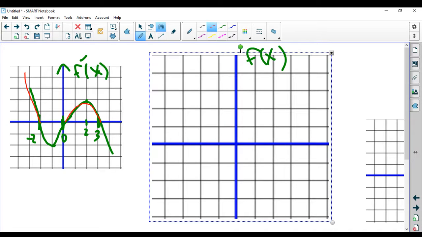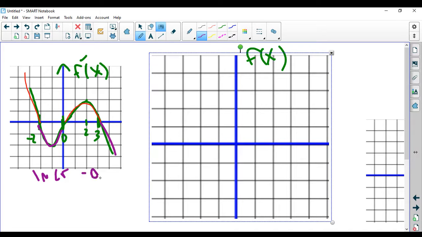When the first derivative is negative, from here to here, from here on, you know that the original graph is decreasing.